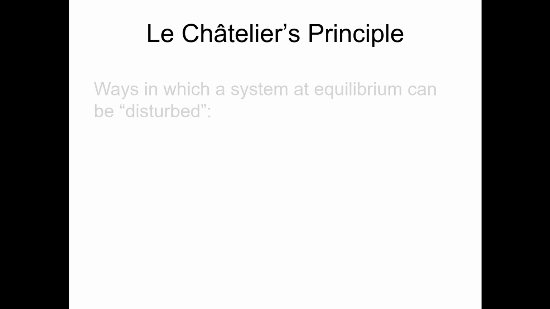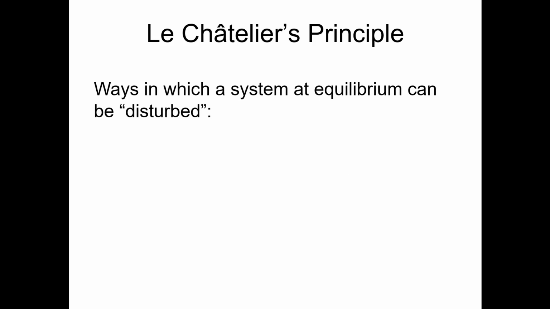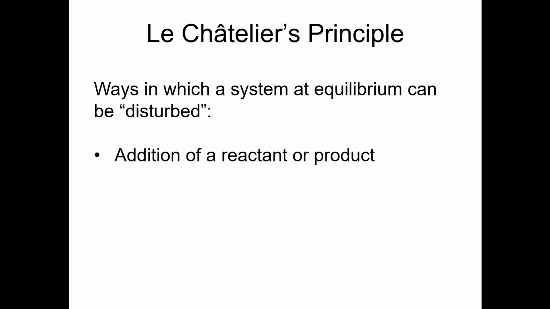So let's talk about what are the various ways in which a system at equilibrium could be disturbed. The first thing would be addition of a reactant or product. If I was a system at equilibrium and a reactant was added, then I would say, oh, I need to shift so as to consume some of that extra reactant.